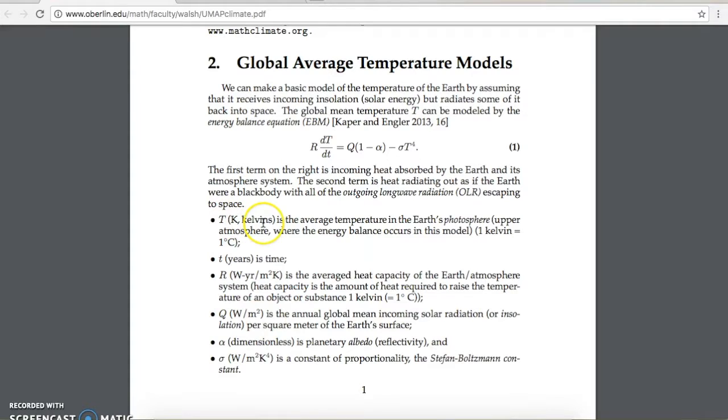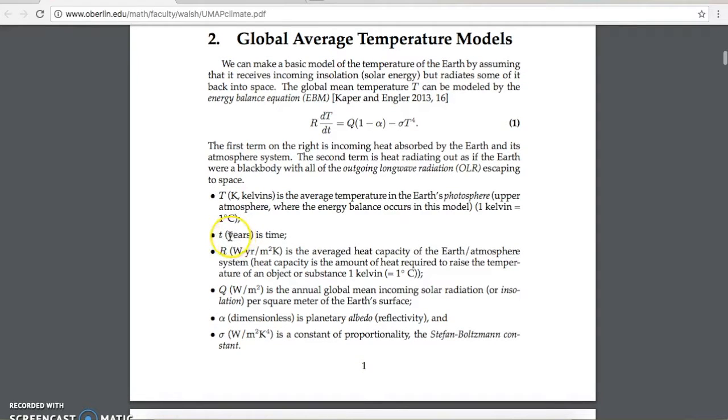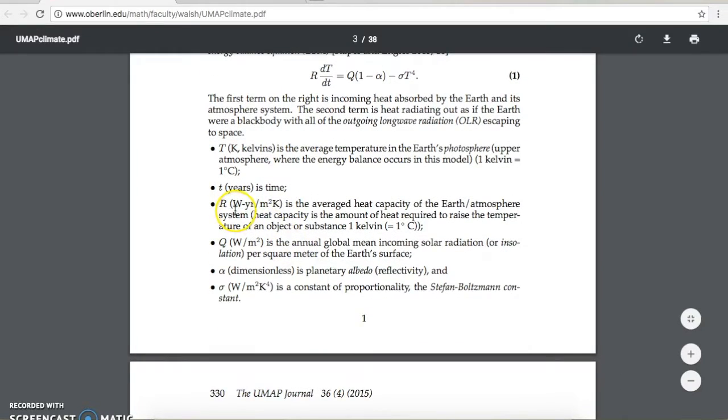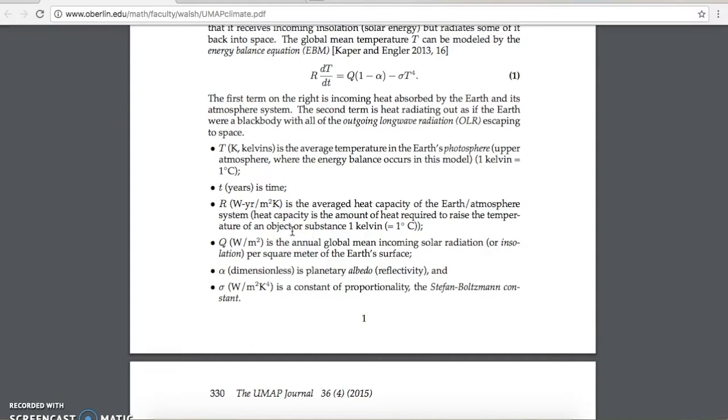So T will be in Kelvin, and this will be the average temperature of the Earth. Little t, lowercase t, is years, and this is just time. R is the average heat capacity of the Earth, and that's in watt years per meter squared times Kelvin.